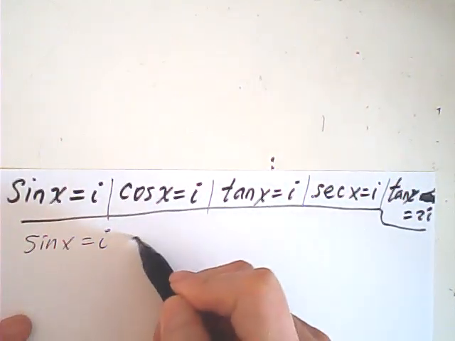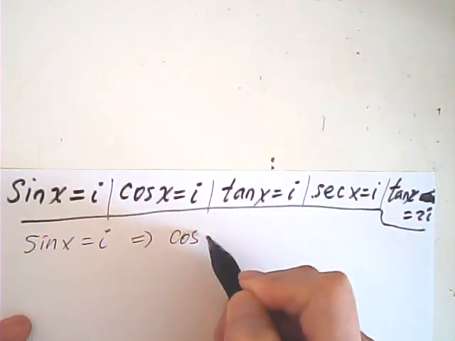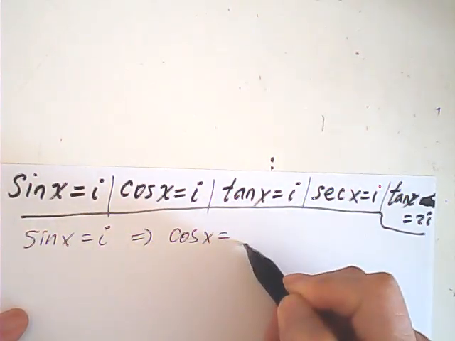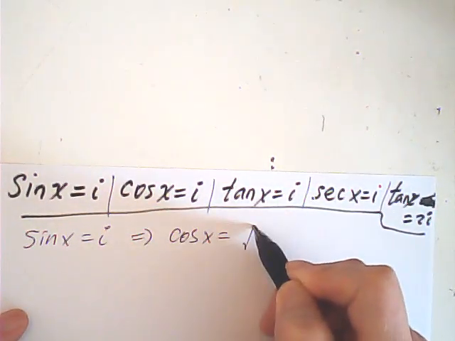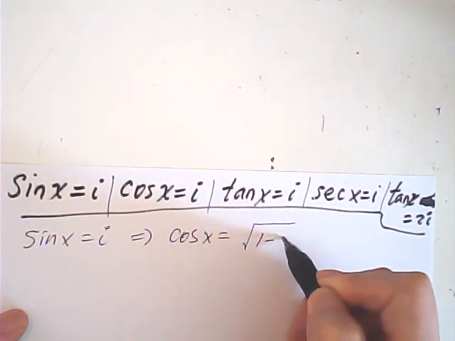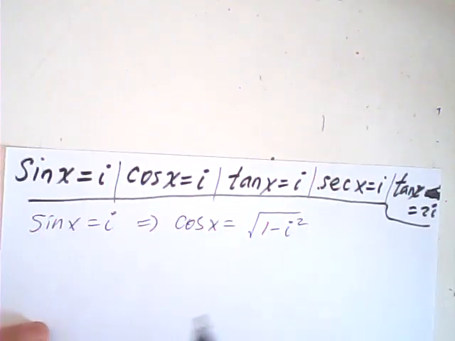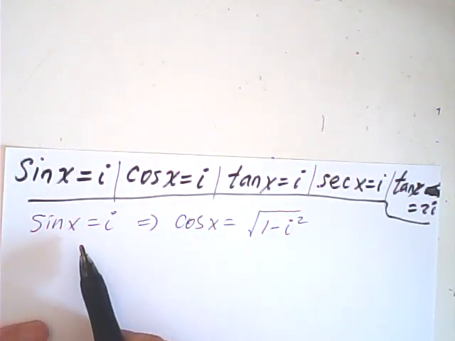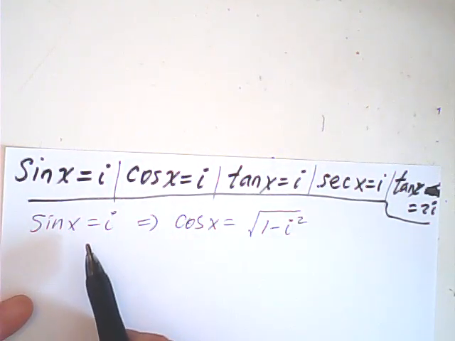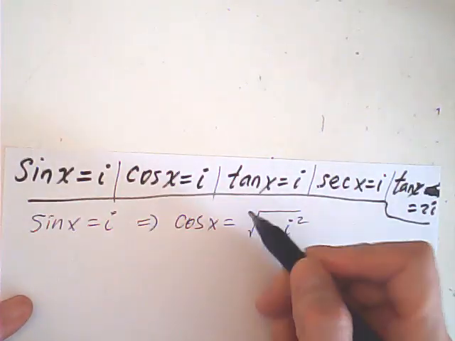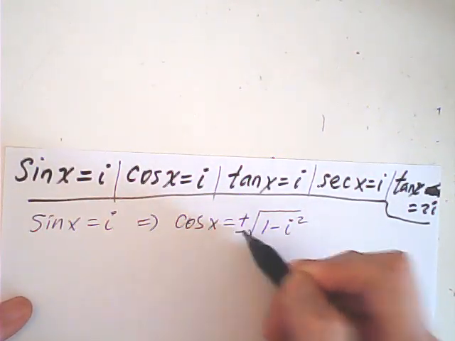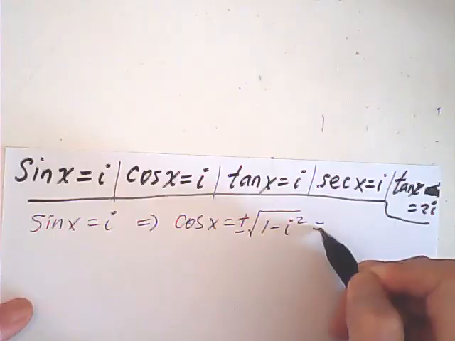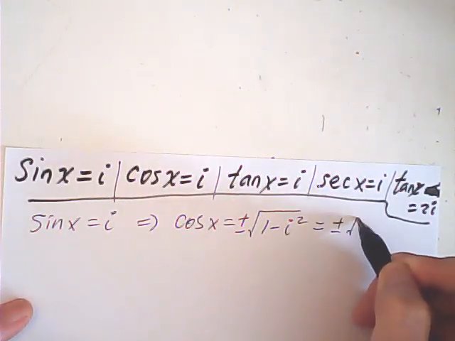It's obvious that we can have cosine x is equal to square root of 1 minus i squared. Since positive sine could be in the first and the second quadrant, cosine could be both positive or negative. So this is equal to plus or minus root 2.